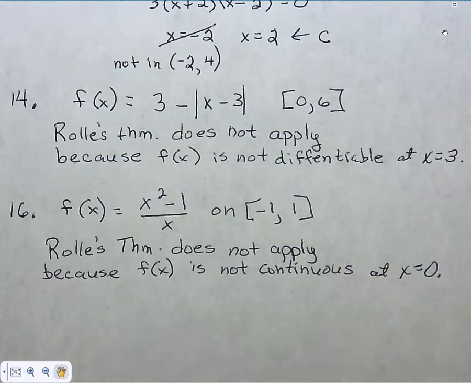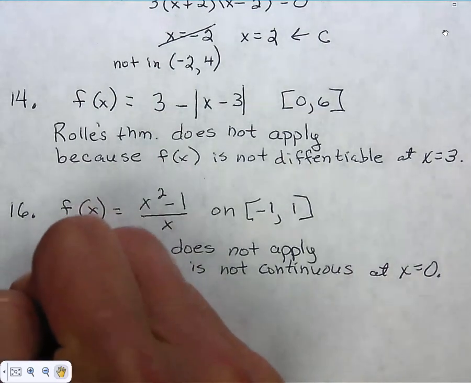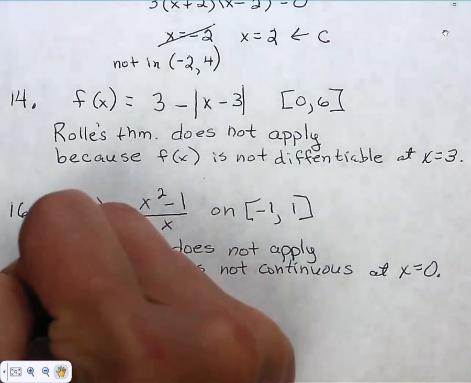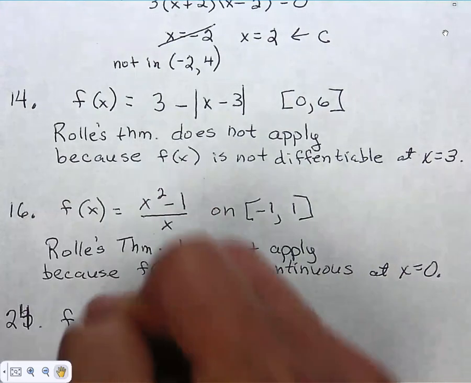All right. One more problem using Rolle's theorem, and then we will get to the mean value theorem. 24, not 23. 24.